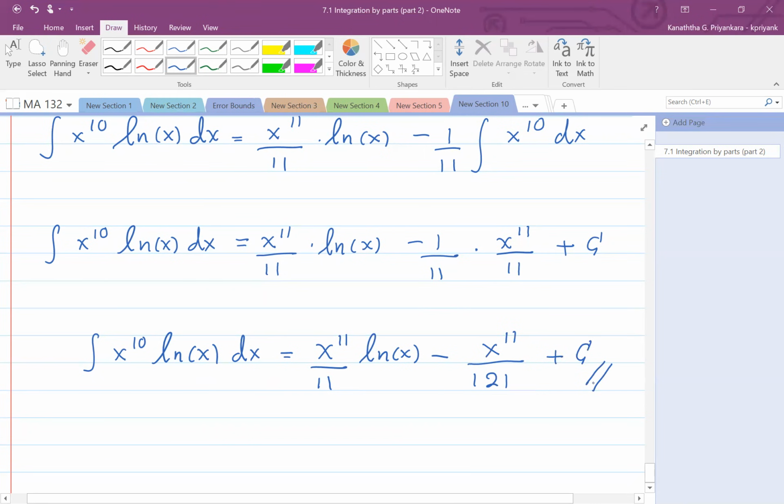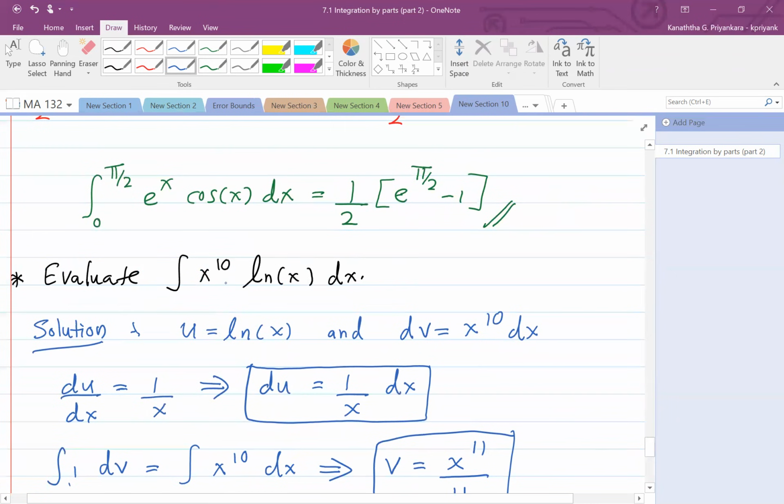So that is the answer. If we have some term whose integral we don't know, we will choose that term as u and then proceed with the integration by parts.